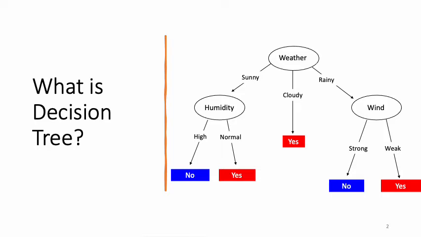For example, in the decision tree on the screen, the entropy-based information gain criterion was applied, and it was determined that the first node should be weather. This means that the weather criterion contains more distinctive information compared to the humidity and wind criteria.